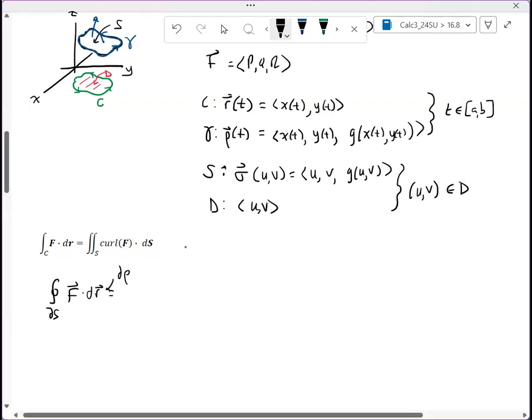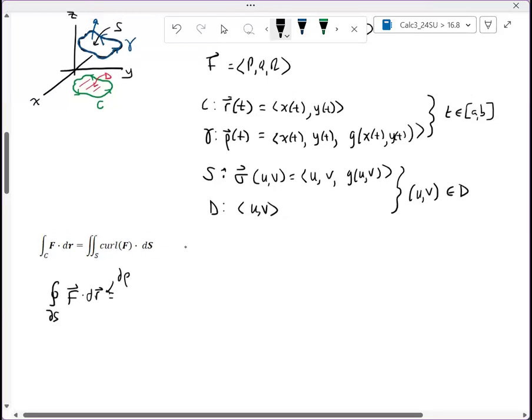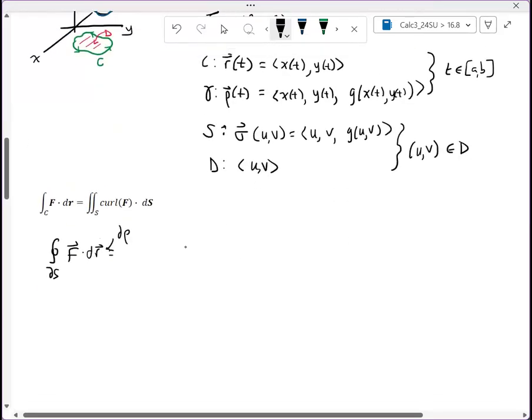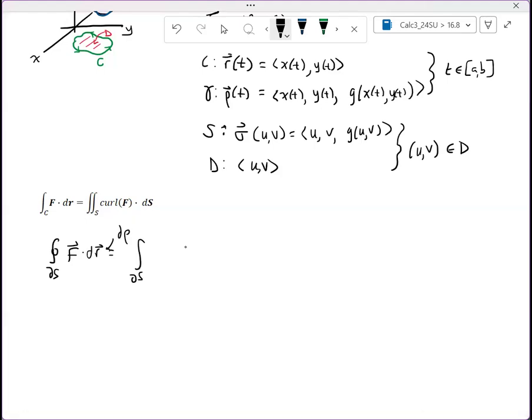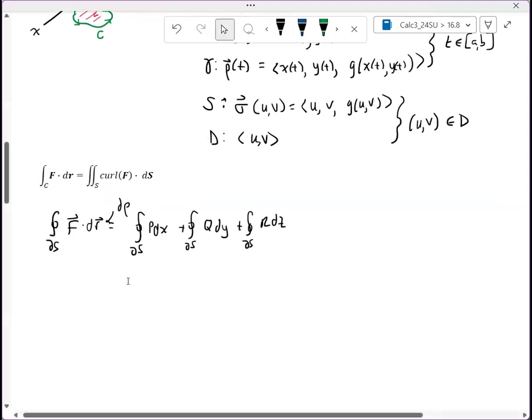D rho. Since I already used R, I'm running out of letters to use here, but this is the integral over the boundary of S of P dx plus the integral over the boundary of S of Q dy plus the integral over the boundary of S of R dz. So on one hand, that's what my left-hand side I can rewrite it as.